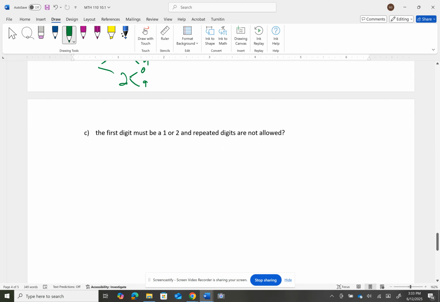Now this one's interesting. The first digit must be a 1 or a 2, but this time repeated digits are not allowed. So let's think about how that would affect the tree diagram and how many we wind up having. When I do my first digit, it has to be a 1 or a 2. But when I go to do my second digit, since repeated digits are not allowed, I could have a 0, but I can't have a 1.